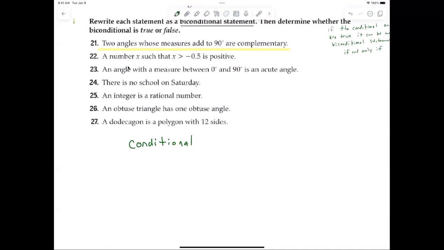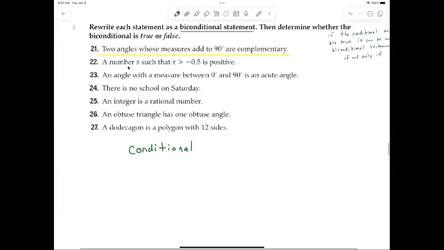If two angles whose measures add to 90, then the angles are complementary. I don't think that was that hard, right? So that is the conditional.